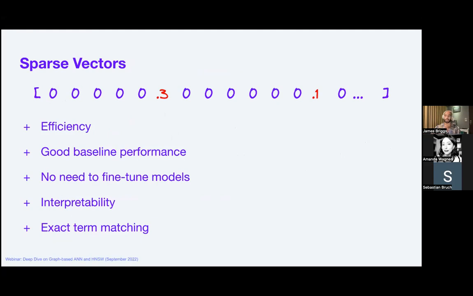Now, there are a few good things about sparse vectors. They're quite efficient. They have a good baseline performance. You don't need to fine-tune like neural network models in order to get that good baseline performance. They're pretty interpretable, so you know why there are values within your sparse vector, because a word appeared.